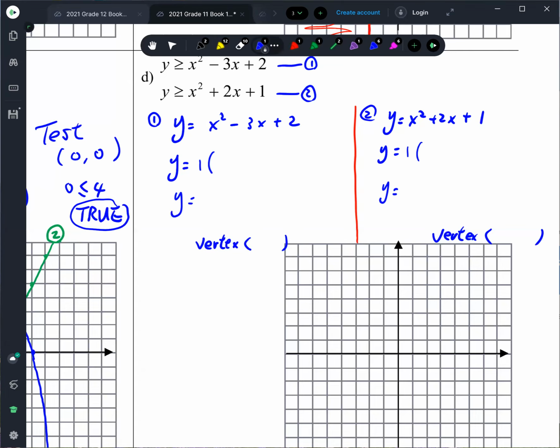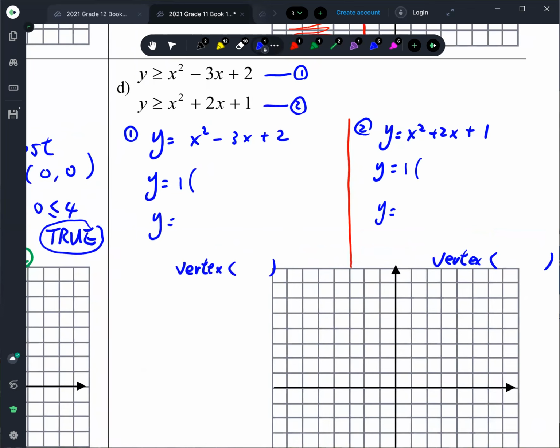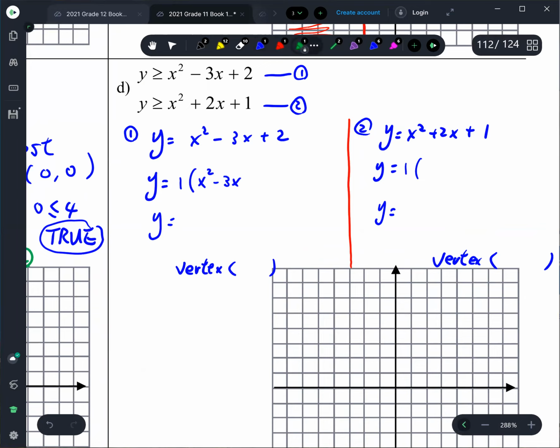Okay, Wilson, can you give it a try again for the first one? Is it x squared, and then minus 3x, and then... Did you close the bracket off?